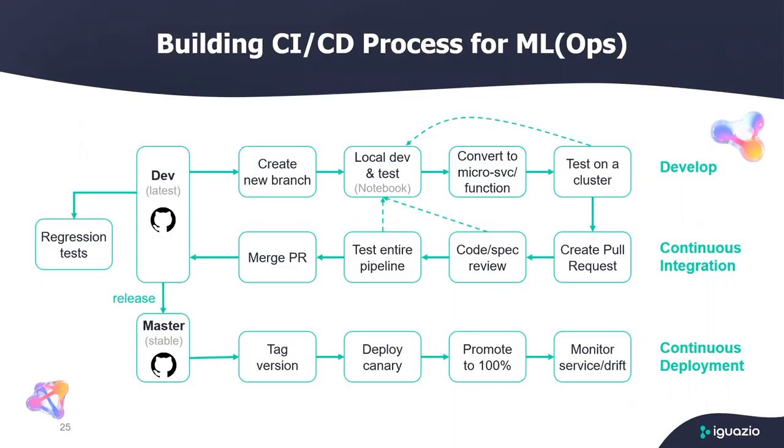And once it's passed, you just promote it to 100% of the traffic. And this is where you start to monitor your drift and activities, etc., to see that maybe you have to go back into training. So this is how you do the development, the CI, the continuous integration, and finalize with the continuous deployment.